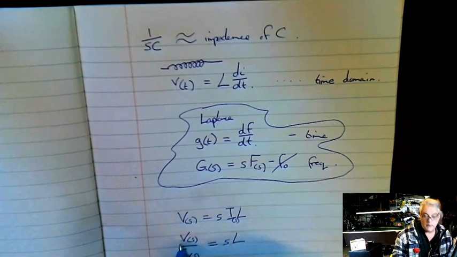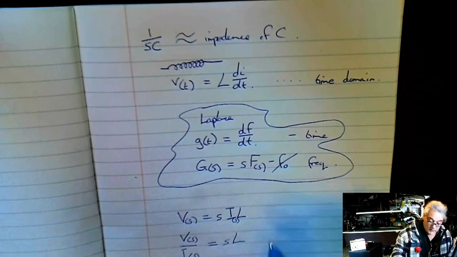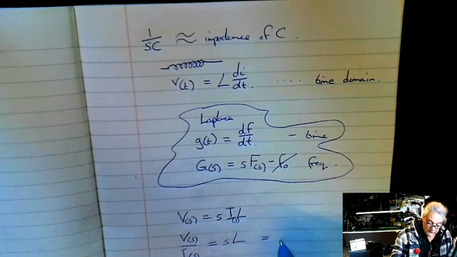Now what is v upon I? Well, v upon I is the impedance, right?